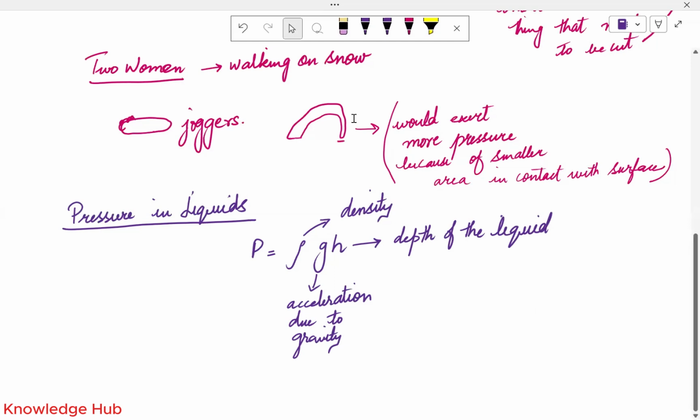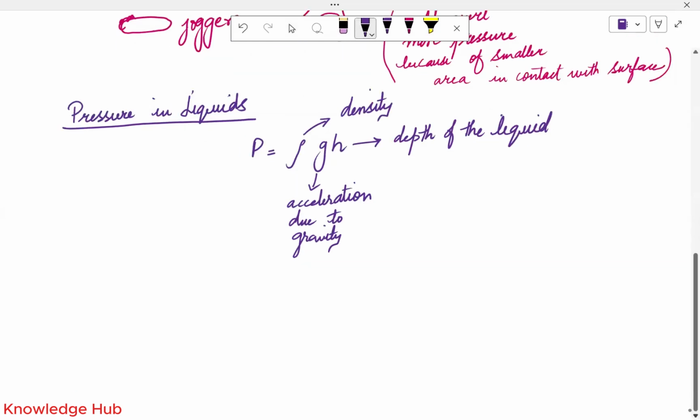So what we have learned about pressure in liquids is, for example, this is the surface of the sea, and there are 3 points.